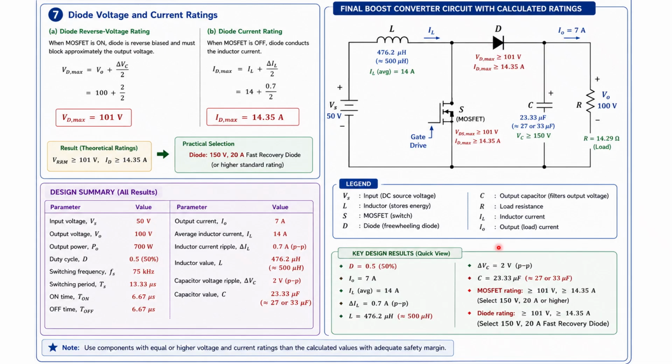Okay, so these are the results. When you are actually designing the component, you have to select a value which is greater than what is obtained in your design. You can use these components with equal or higher voltage and current ratings than the calculated values, with adequate safety margins.